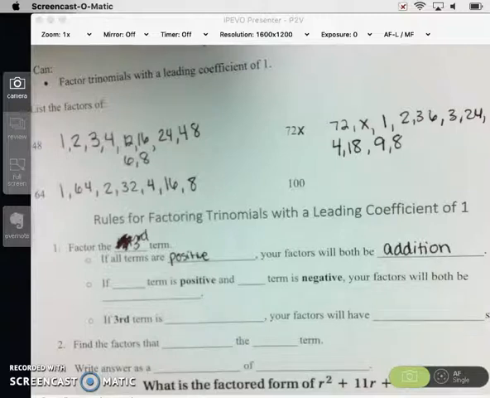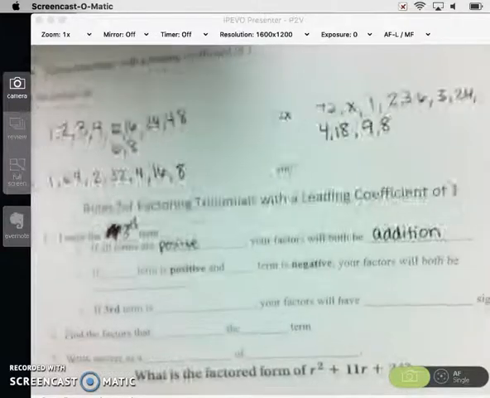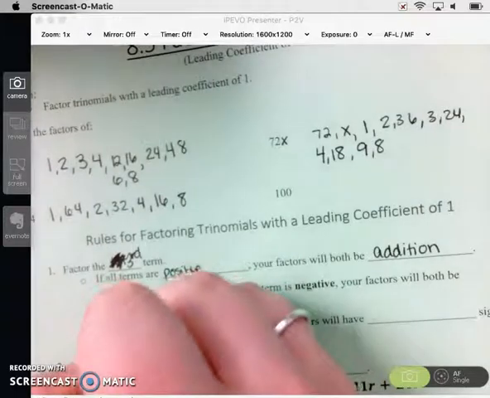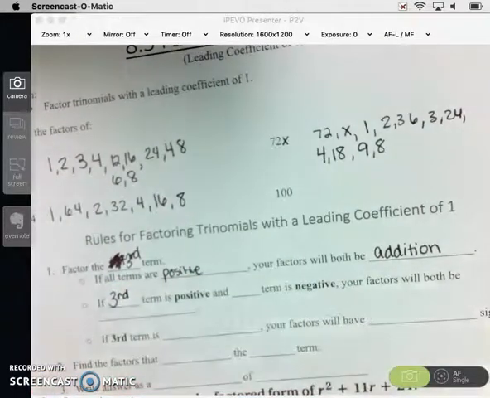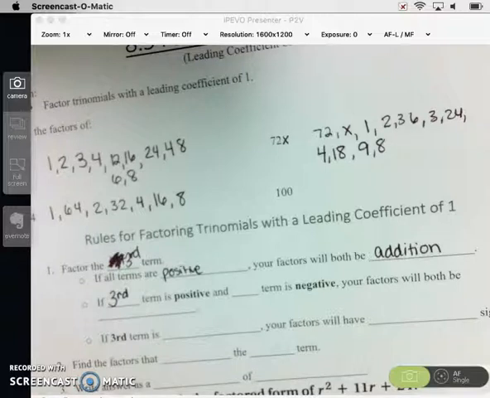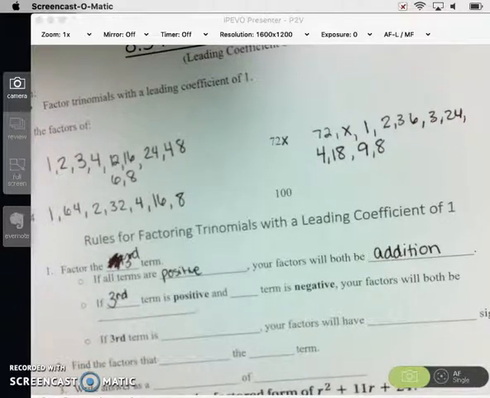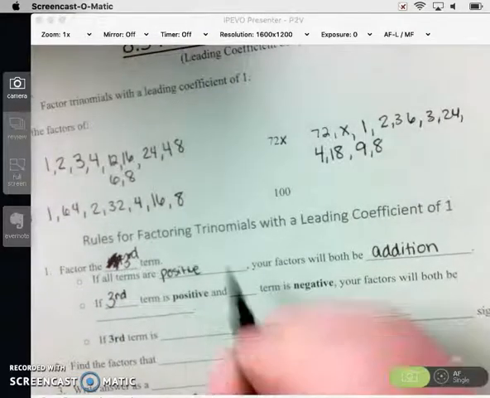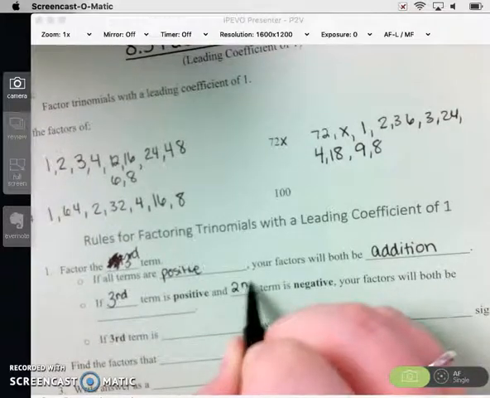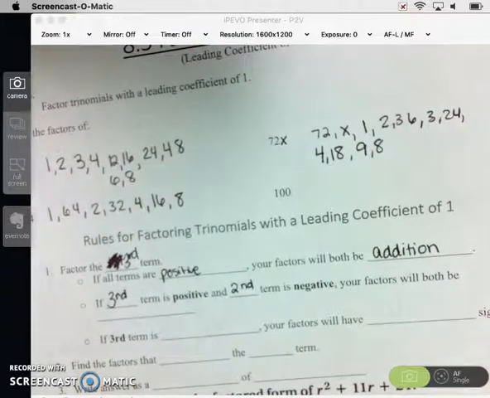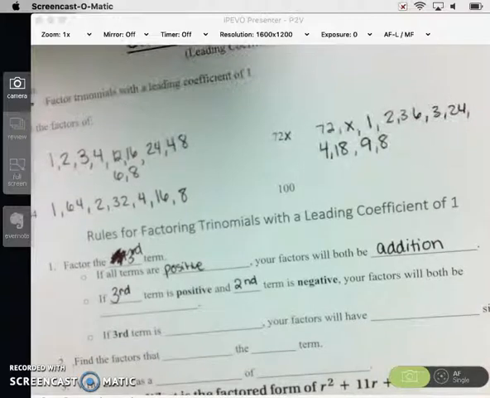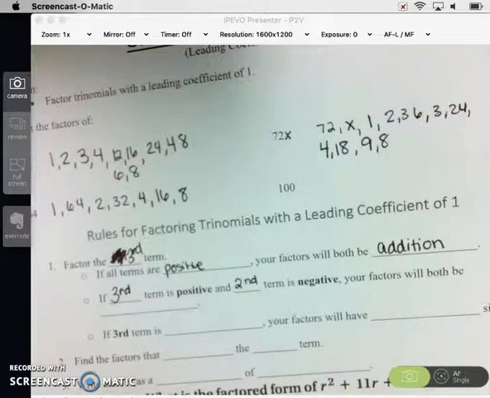Okay, if your third term is positive and your second term is negative, your factors will both be subtraction.